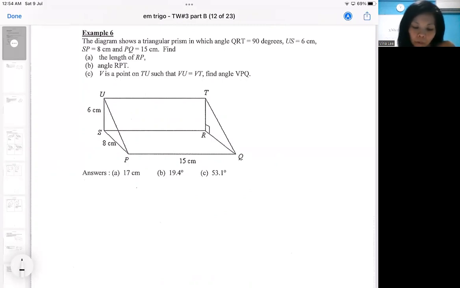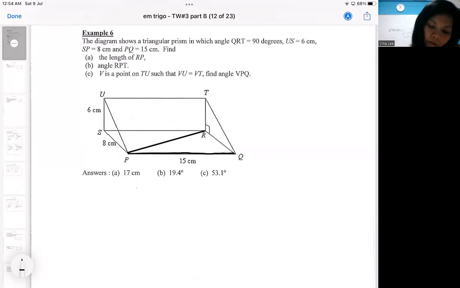RP. So where is RP? So RP is the one that is on the ground. So take a look, RP is the one on the ground. And remember just now I mentioned, this is actually a 90 degree. Because it's a rectangle sitting on the ground.